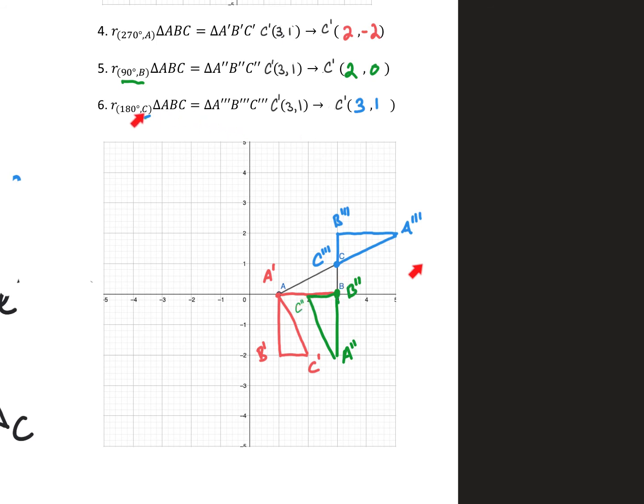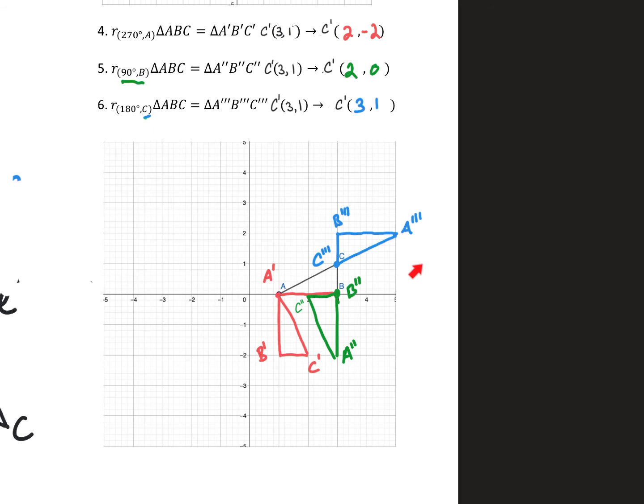And for this last one, I went 180 degrees and ended up with a triple prime over here, but the C is in the exact same spot. So the one easy point to find when you're doing a rotation about a point other than the origin is the point that you're rotating around. That one's going to stay the same, but there's no pattern for the rest. You would have to actually perform the rotation to figure out where all your points lie.